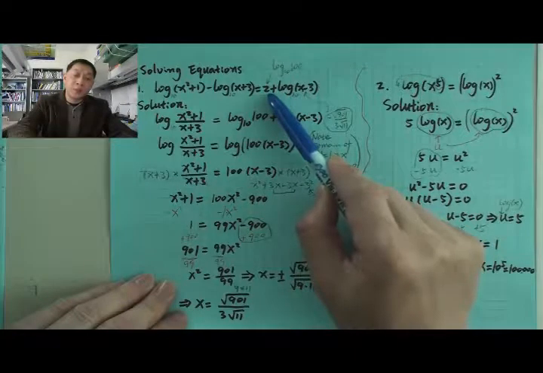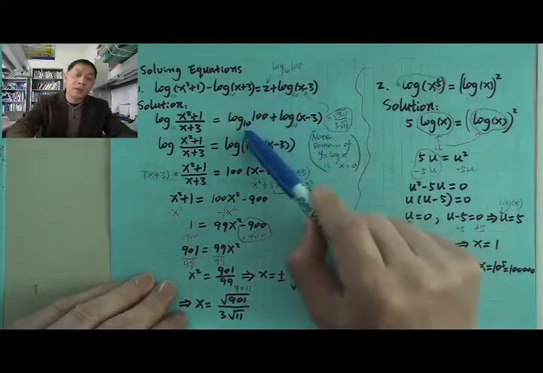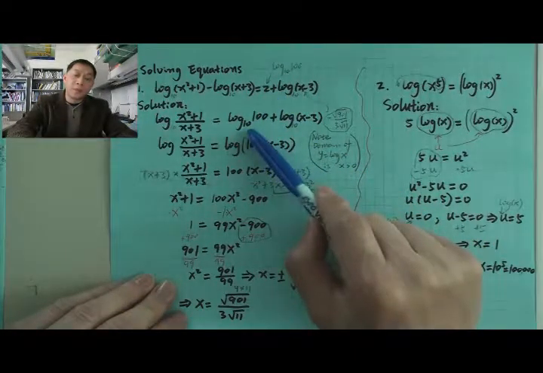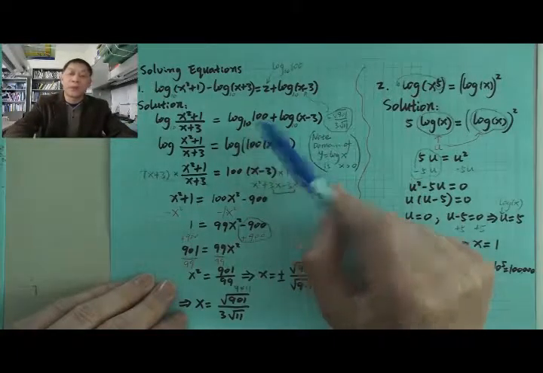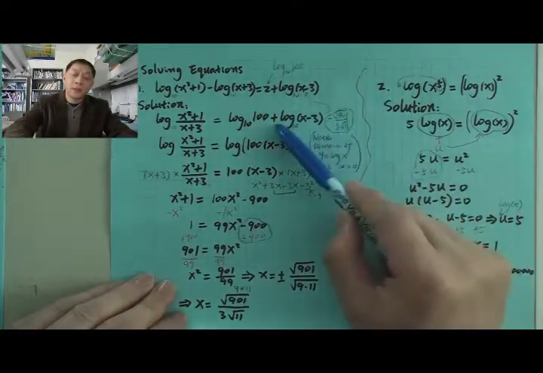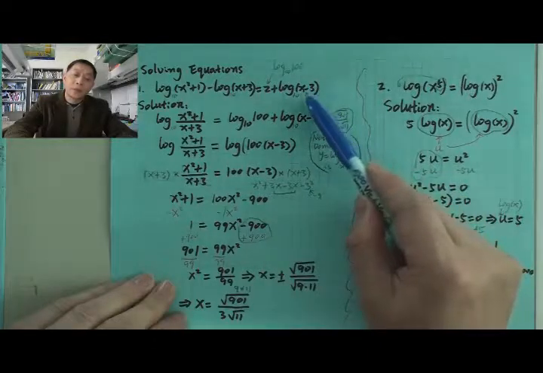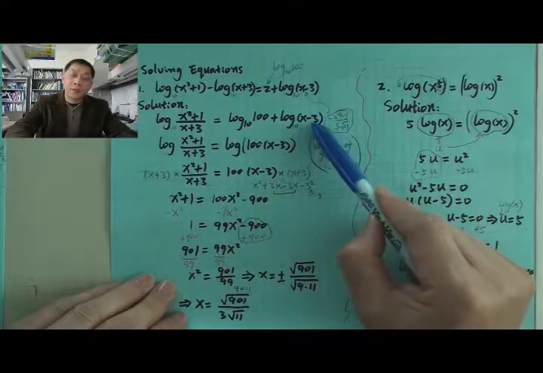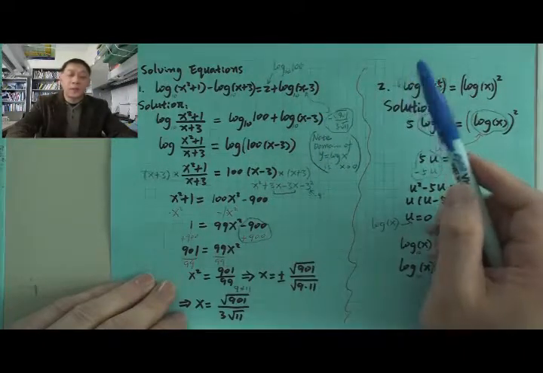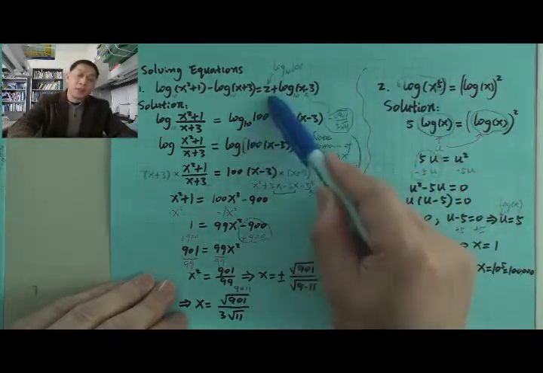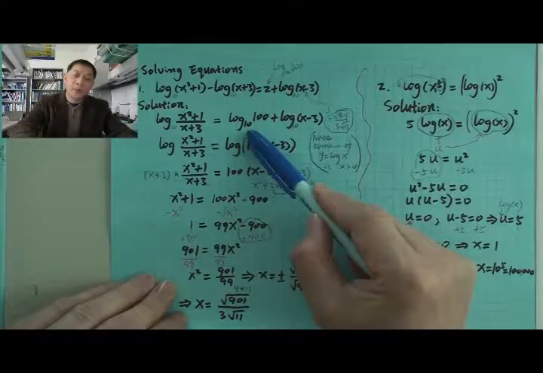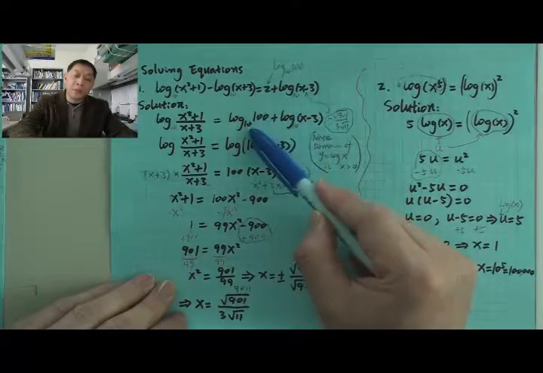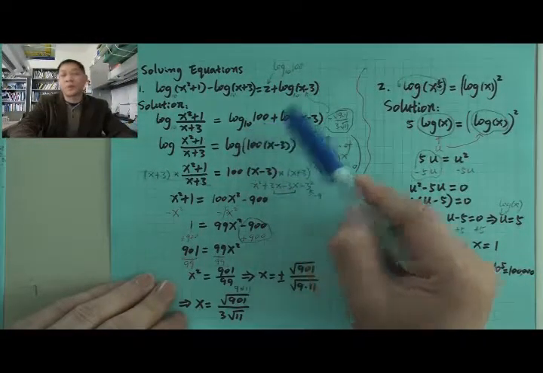So here we can replace this 2 by log base 10 of 100, plus log base 10 of x minus 3. This is the key step, the technique. 2 is log base 10 of 100.